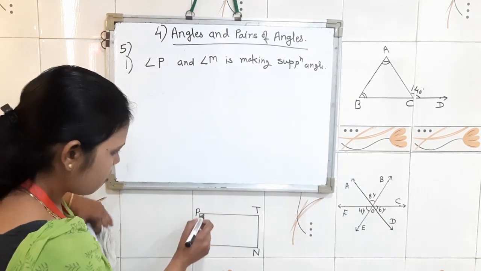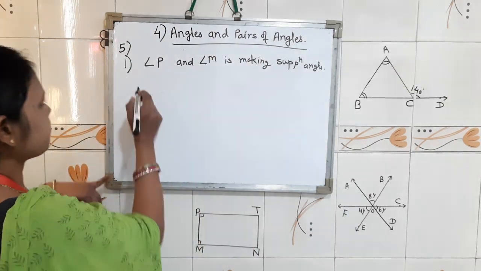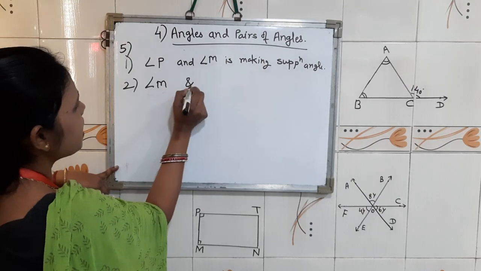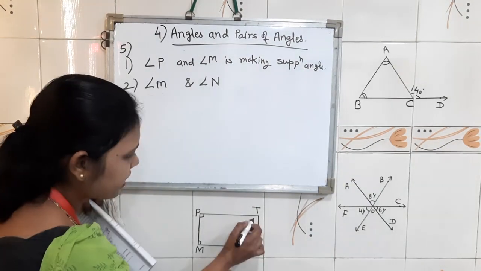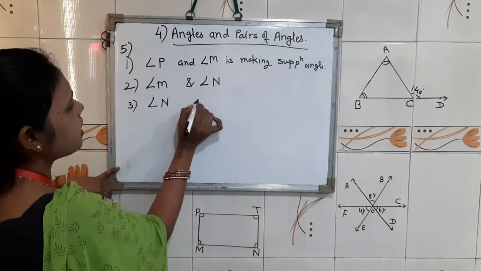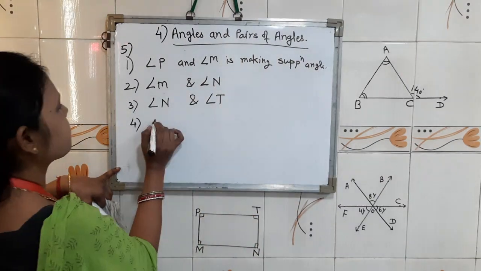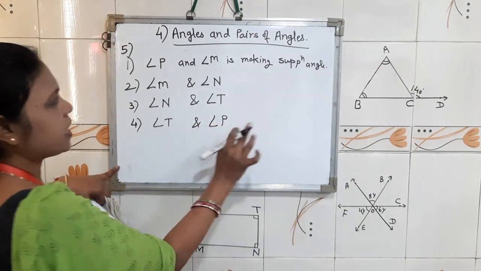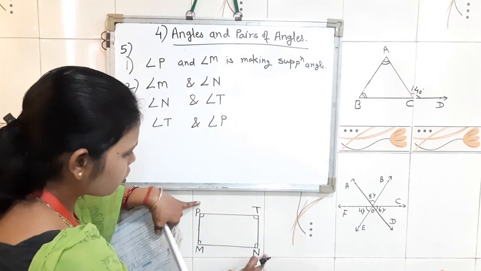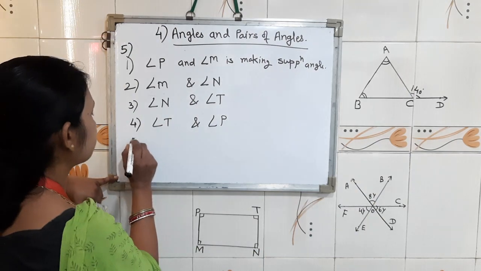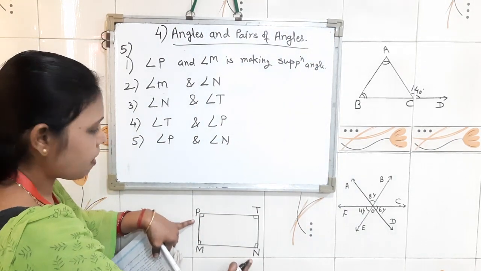In the same way, the second one, angle M and angle N. Next one, angle N and angle T. Again, the fourth one, angle T and angle P. These four are making supplementary angles, as well as the opposite angles, angle P and angle N. Angle P and angle N are also making supplementary angles.